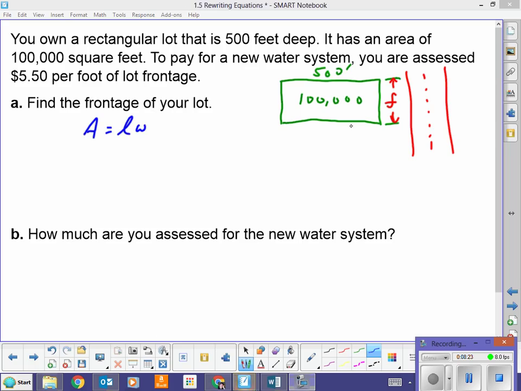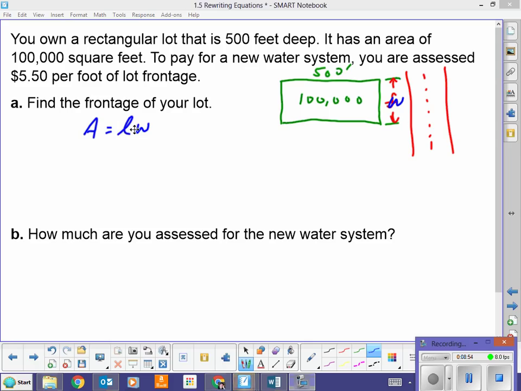But in this case, I'm using F. So area, 100,000, equals 500 times F. Actually, let me back up. Let me rewrite this formula in the way that they're doing it here. So length times, I'm going to change this to W. Okay, W. So I'm solving for W.